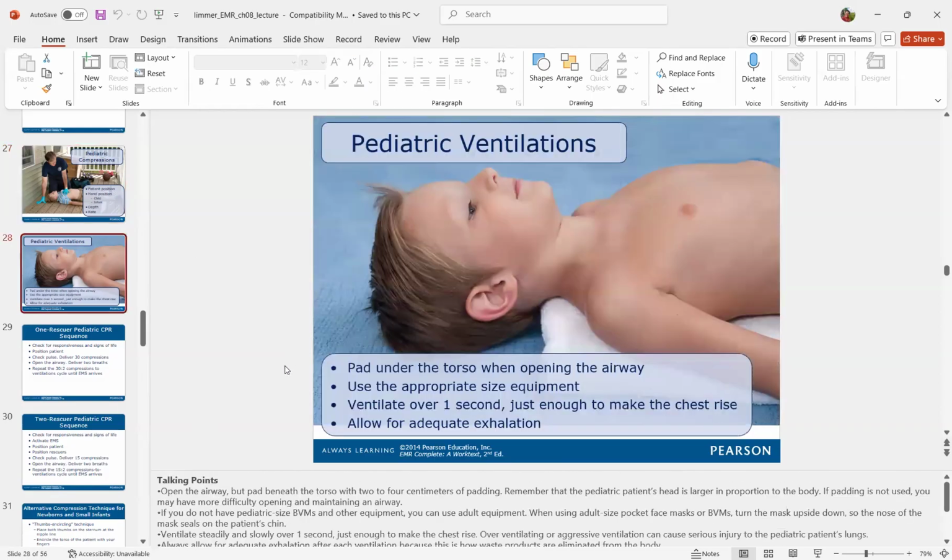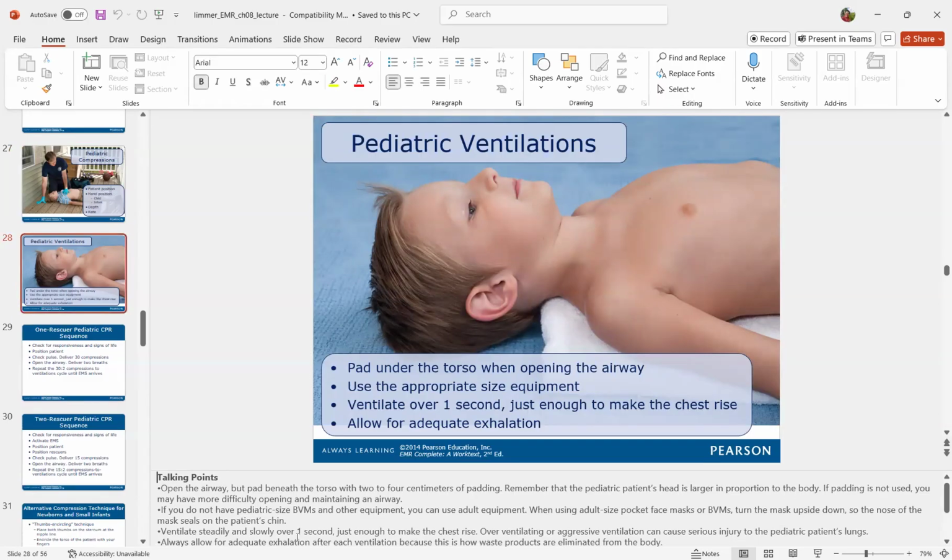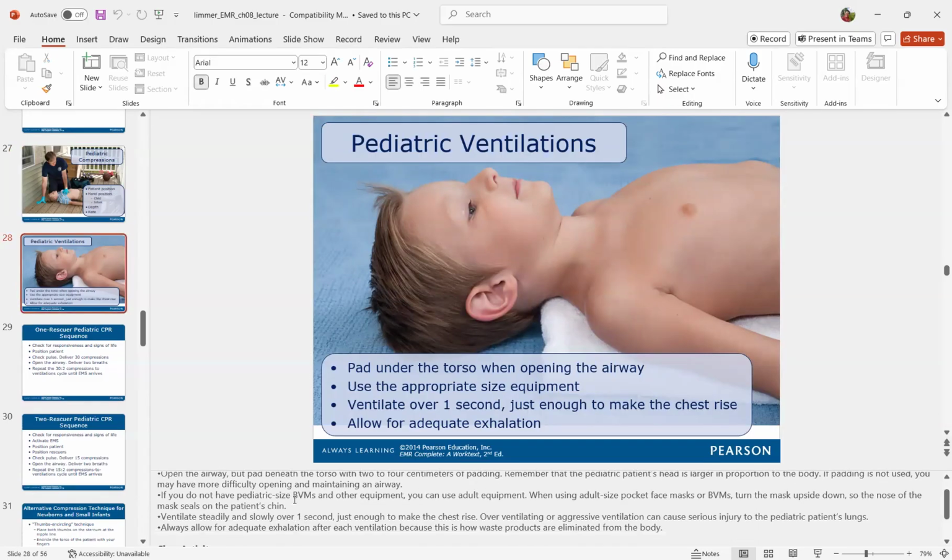If we put something behind their torso, like a pad back here, it's going to open their airway up and get their neck into more of a sniffing position, since they have a larger head in proportion to their body. If we don't have a pediatric size BVM and other equipment, we can use the adult ones. Remember, we're just giving enough air to get the chest to rise, then we stop.